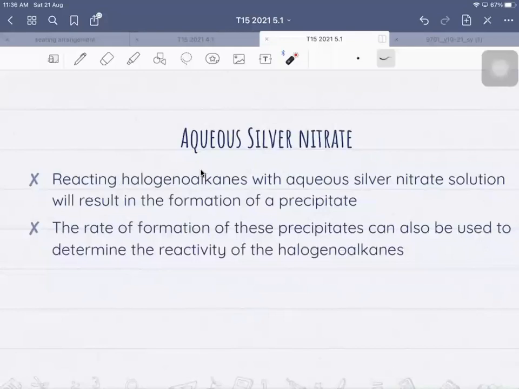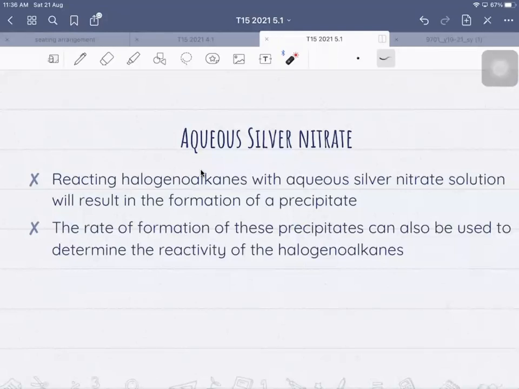So the next section that I'm going to look at in the next lesson is using aqueous silver nitrate to monitor the speed of the reaction, the rate of the reaction between iodoalkane, bromoalkane, chloroalkanes, and fluoroalkanes, if there is any reaction.